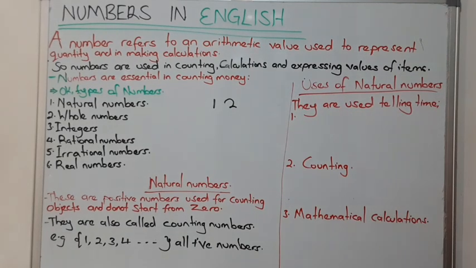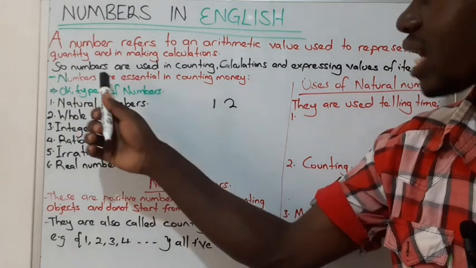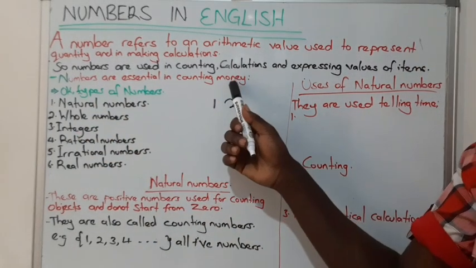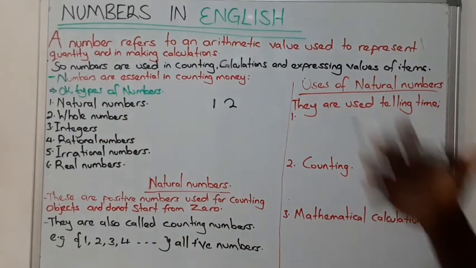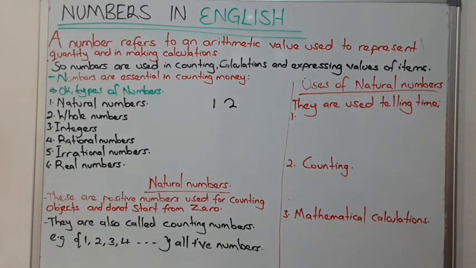With numbers, you are able to tell the quantity of something, calculate the distance, and estimate the volume or weight of something. Numbers are essential when counting items and counting money. If you don't know how to count numbers, counting money will be a problem.